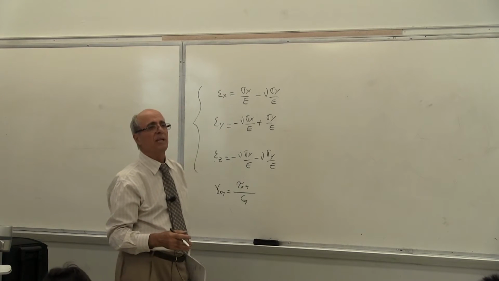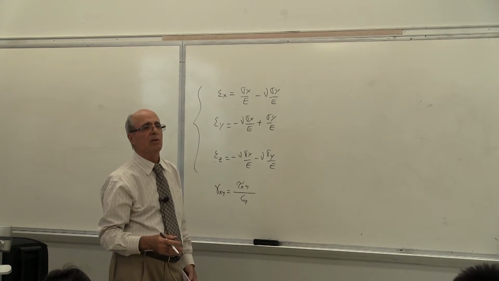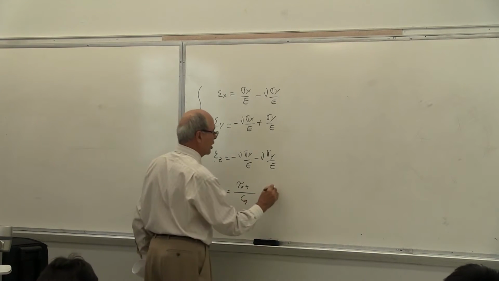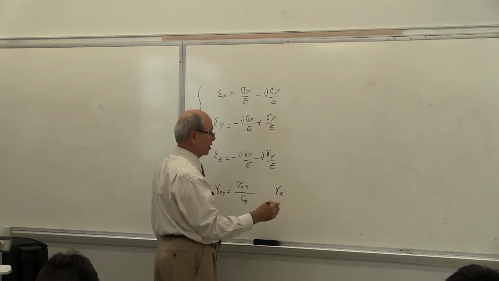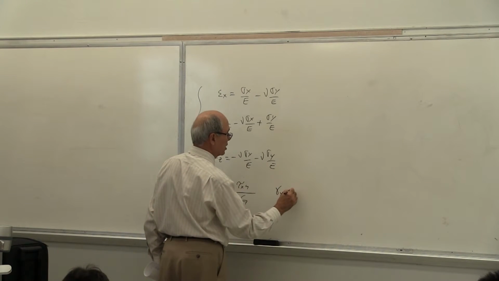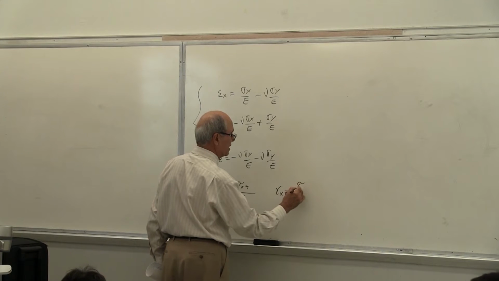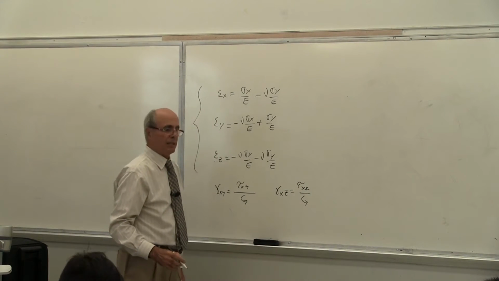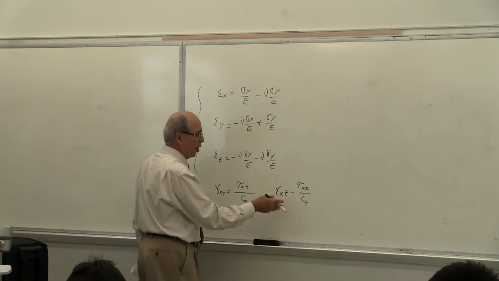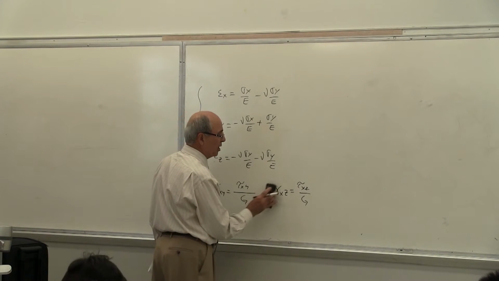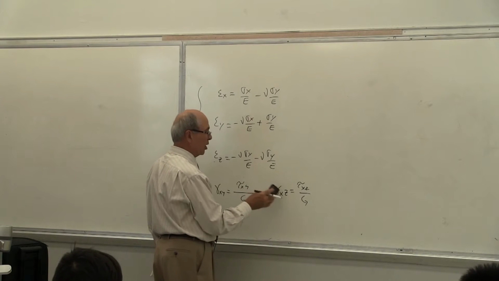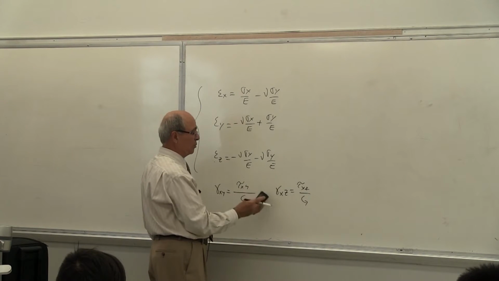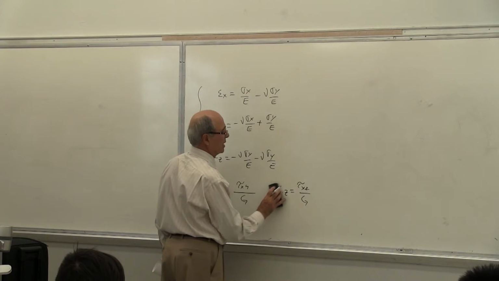You had some problems in ME218 in that regard, yes or no? Therefore, one was like that. The other two become irrelevant because this time we are not considering them, since they are 0. Gamma xz equals tau xz divided by the modulus of rigidity, and the other one. But I don't put the other one in because there are three of them here, three of them there. They are not related to sigma, they are related to tau. We have 3 tau, so we have 3 gamma as well.